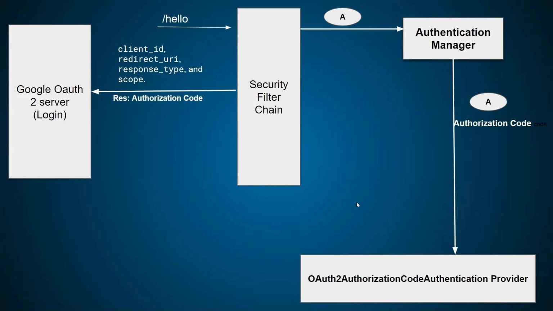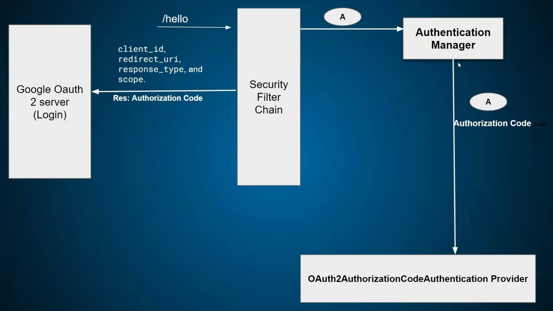There is an authentication provider which has multiple types. Based on our requirement, we have to use a different authentication provider. By default it uses the database level authentication provider, but in our case we are going to authenticate with the OAuth2 server, so we have to configure the OAuth2 authorization code authentication provider. We'll do that in the security filter chain. Don't worry about this.